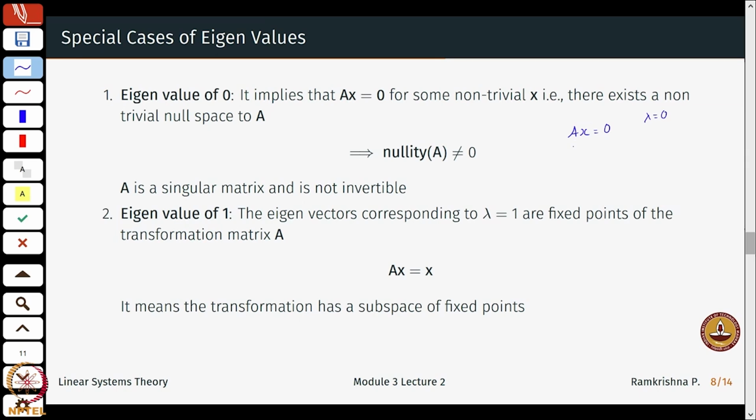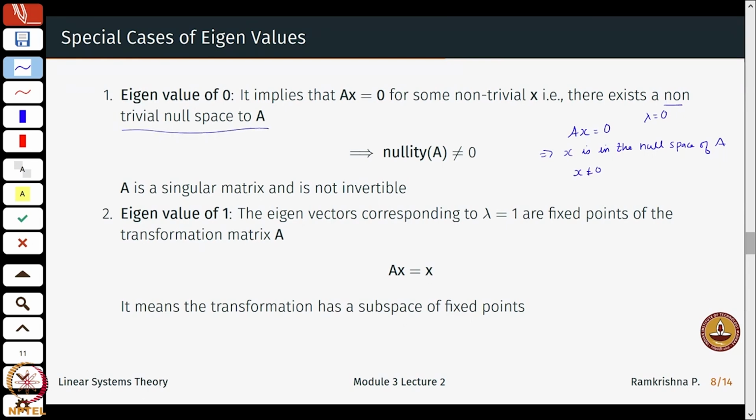So, this means that x, which is the eigenvector, is in the null space of A, and this x is non-zero. Most of the time we are interested in non-trivial eigenvectors, which means that there exists a non-zero, or non-trivial, null space to A.